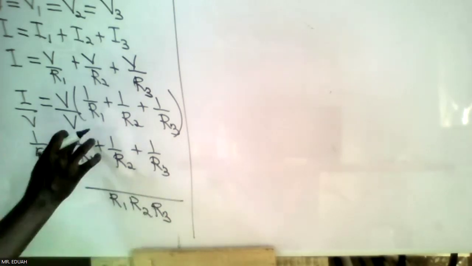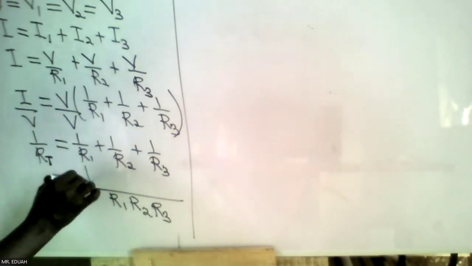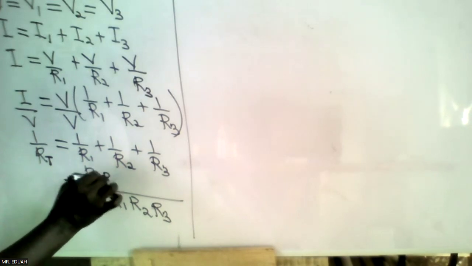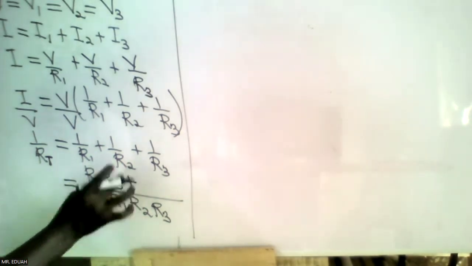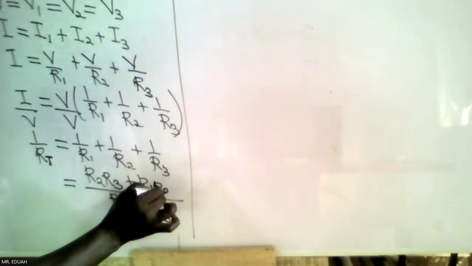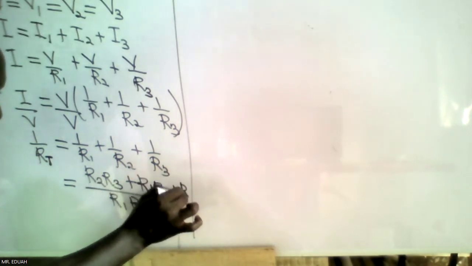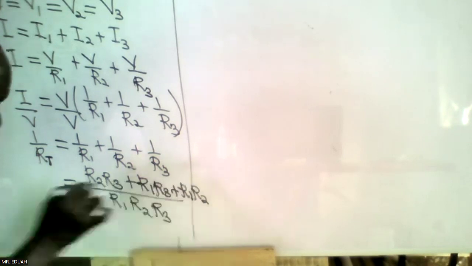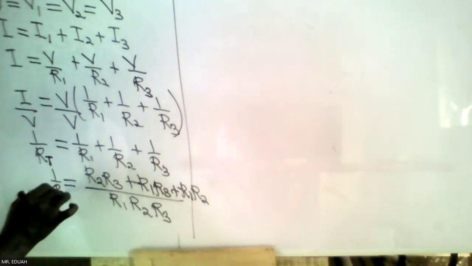So the remainder times 1. So I have R2 times R3 plus I have R1, R3, plus I have R1, R2. And this is 1 over RT. So if I want RT, it's the inverse of what I have here.